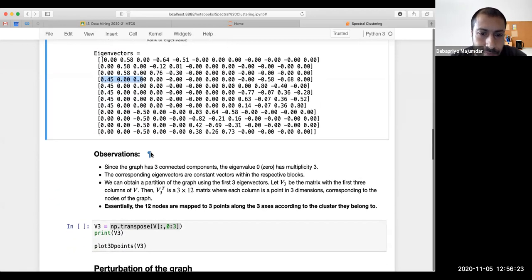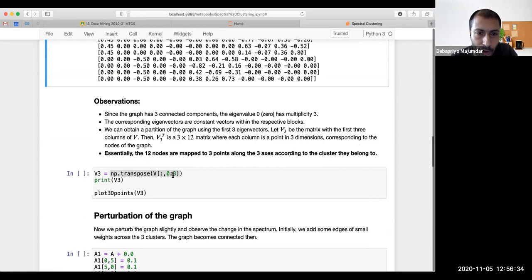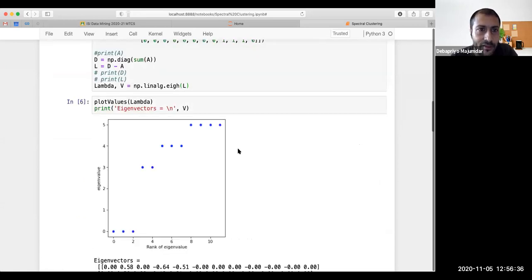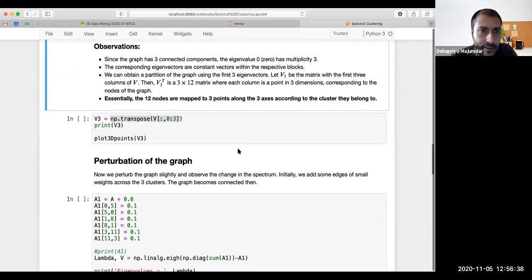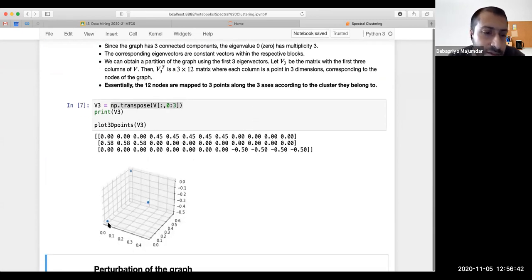So essentially the 12 nodes are mapped to 3 points along the 3 axes according to the cluster they belong to. If we plot, then what happens?